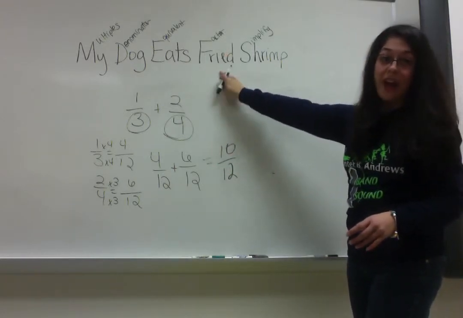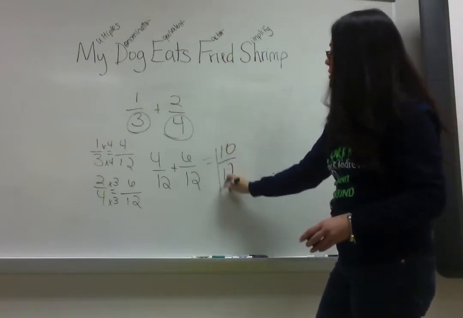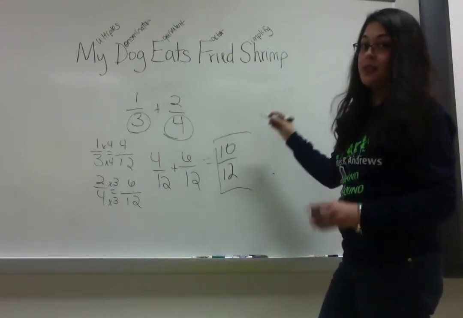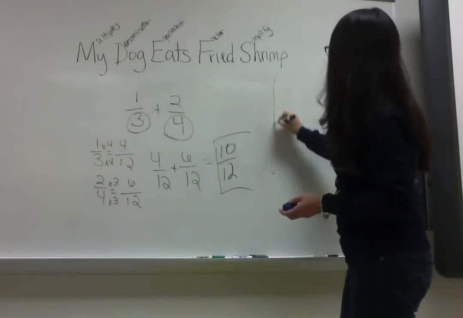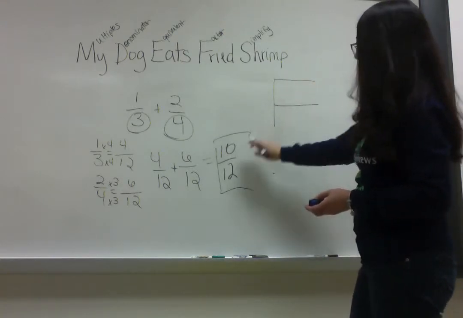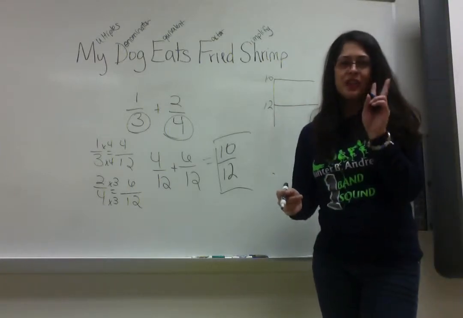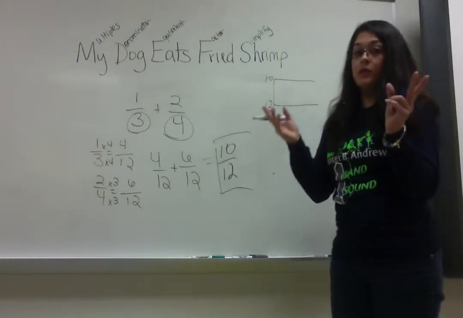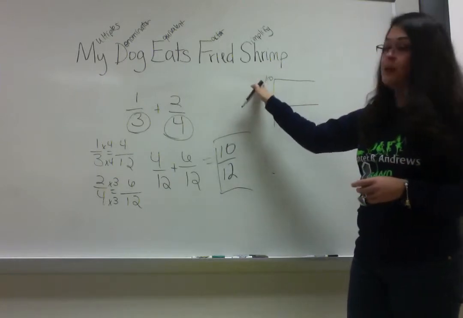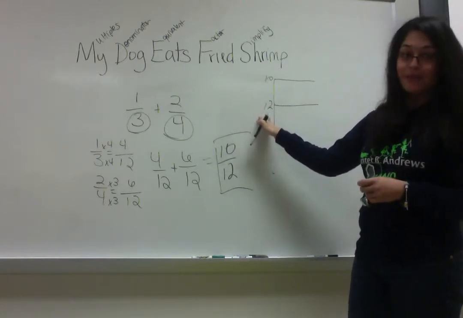Let's go to factor. I'm just using my new answer, 10/12, and I draw the letter F. 10 and 12. Factors are those two numbers that will, when multiplied together, make this number or that number.